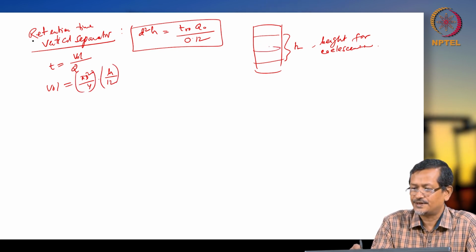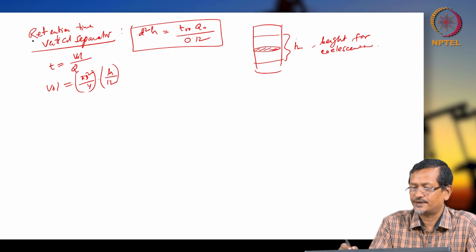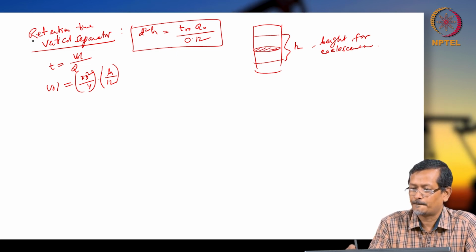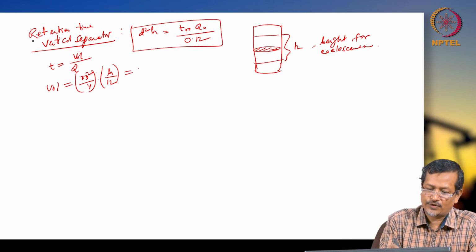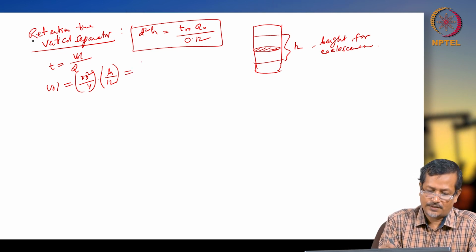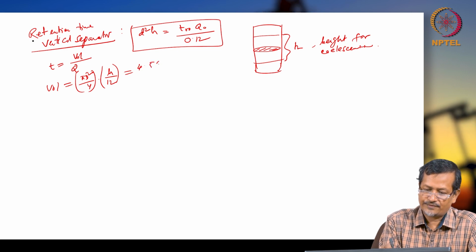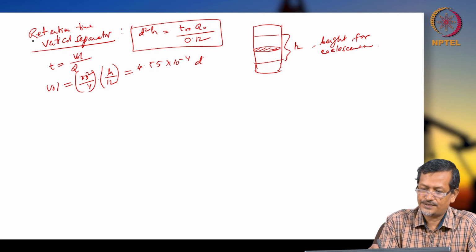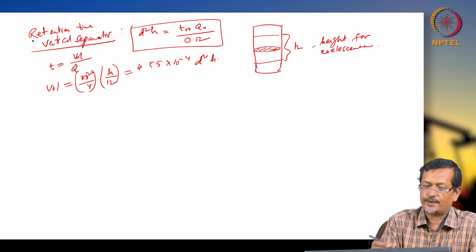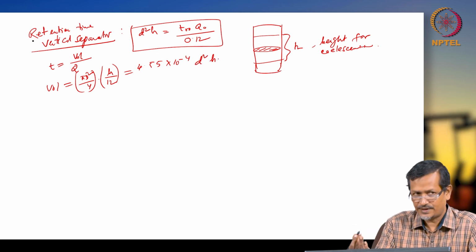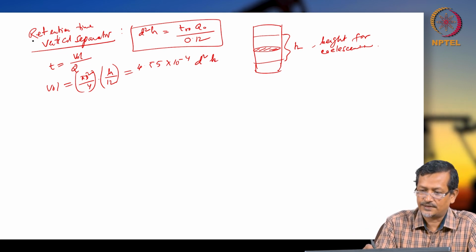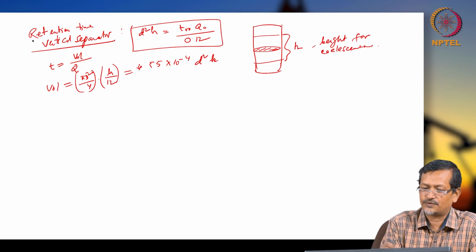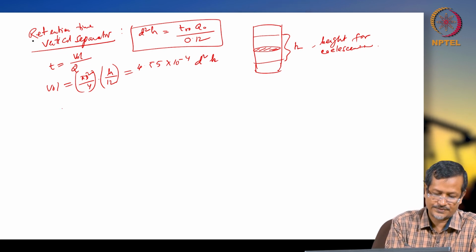So this is the area and this is the height. So the total volume now becomes 4.55 into 10 power minus 4 d square h, where capital D I converted into feet. So that way we got the volume.